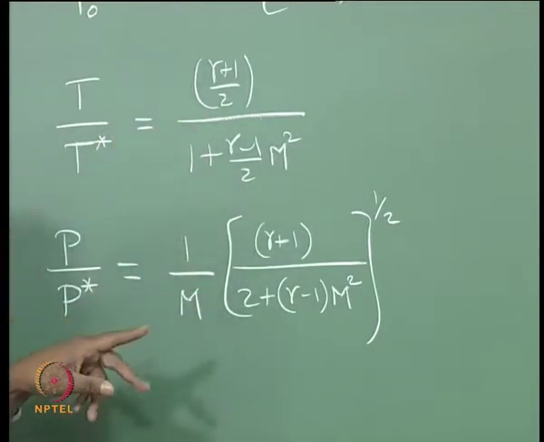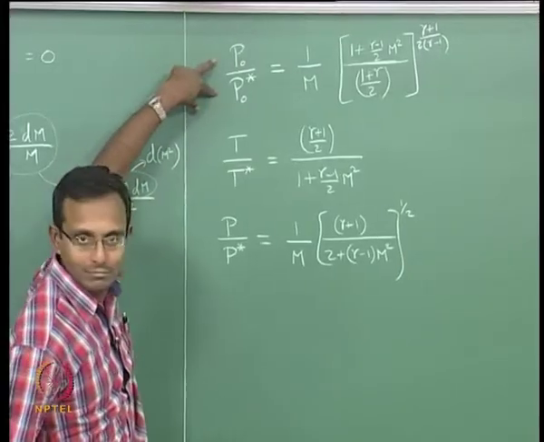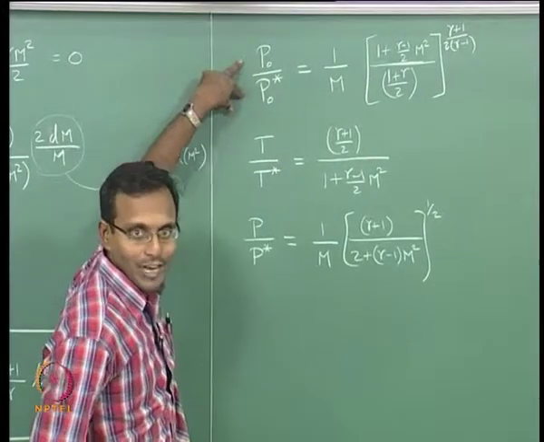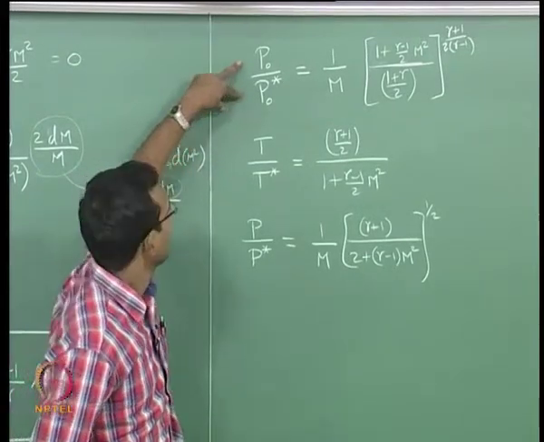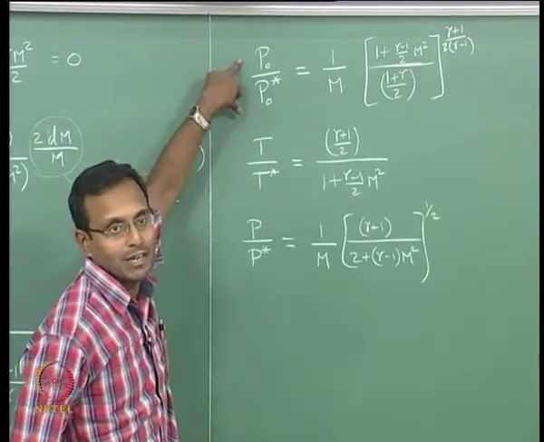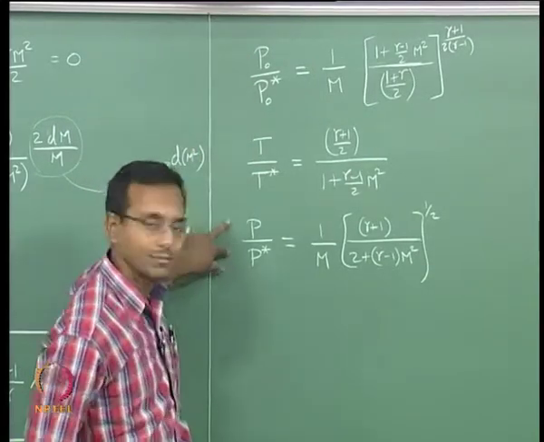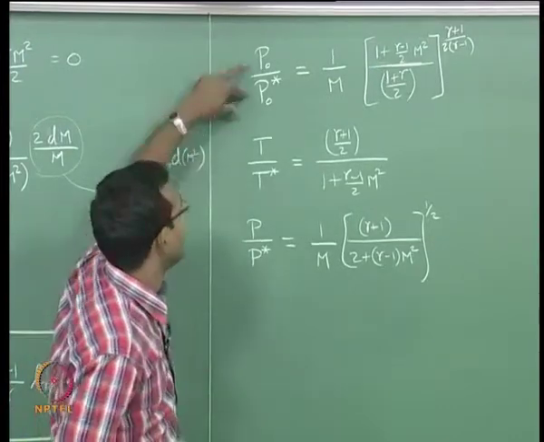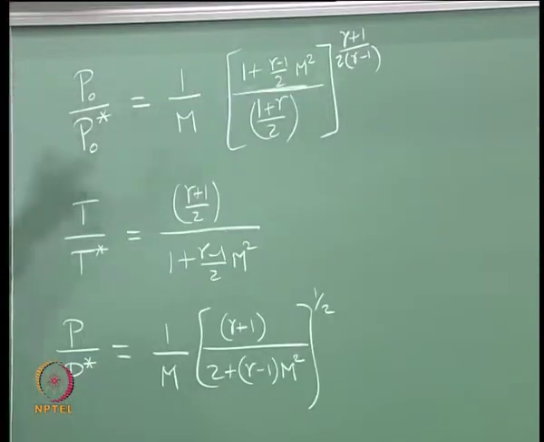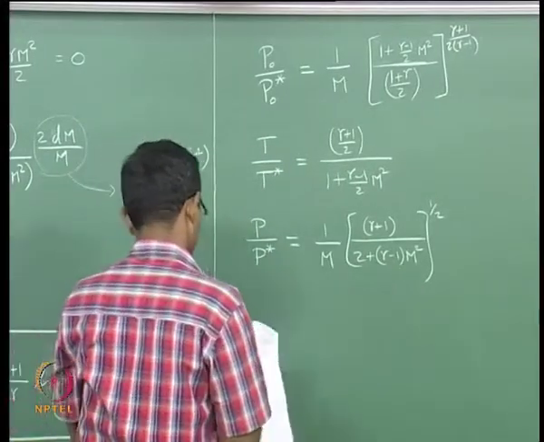This can be obtained from this expression and your isentropic relation, P naught by P. P naught by P and P naught by P star appropriately multiplied with this particular ratio to get to this, that can also be obtained. And of course, now you can find delta S from here. I do not want to go do that right now. You can go do a delta S if you want. It can be done.